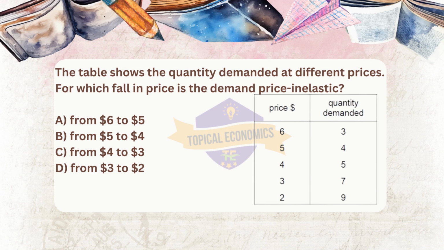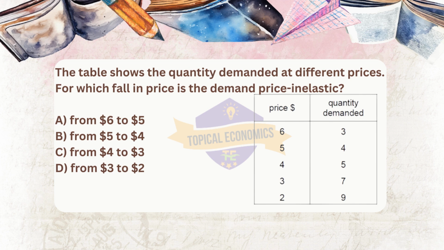To determine when demand is price inelastic, we need to identify the price decrease that causes a relatively smaller percentage change in quantity demanded compared to the percentage change in price, i.e., PED<1. Let us calculate the percentage changes in both price and quantity for each price fall and identify where PED is less than 1.